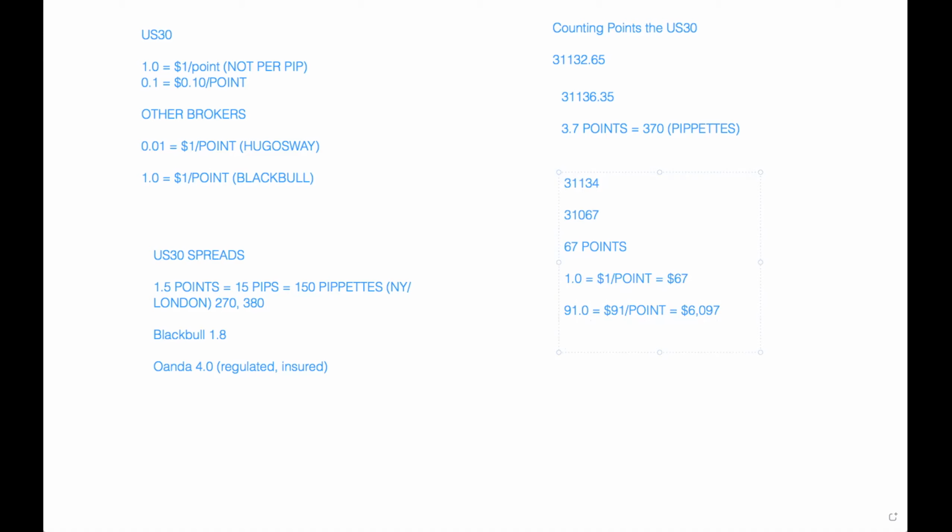If you were wrong about this trade and it hit your stop loss and you lost 67 points, so you're negative 67 points, and if your lot size was 1.0, and so that was worth $1 per point on your broker, then that would be $67 lost. Okay, so the numbers work the same both ways.